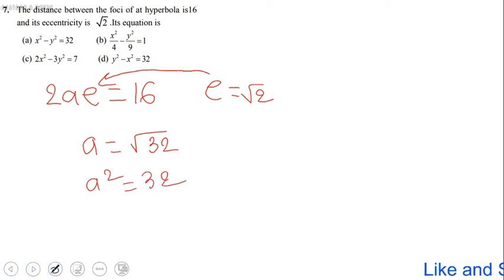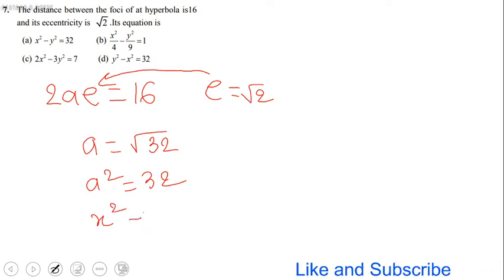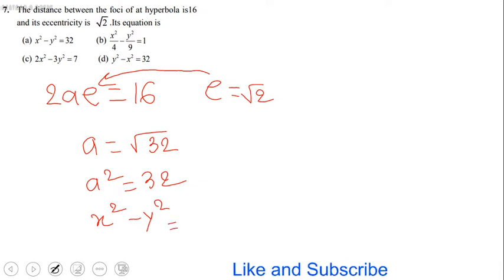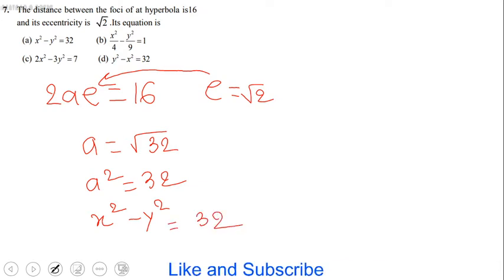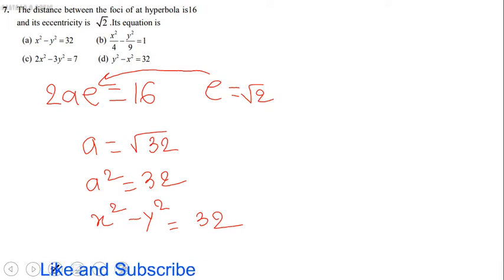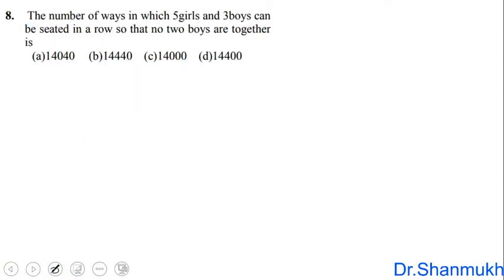Then we observe that we get x square minus y square equal to 32. This is the equation of the hyperbola. So option A is the right answer. Like this we have to simplify. Okay, we'll move to the next example.